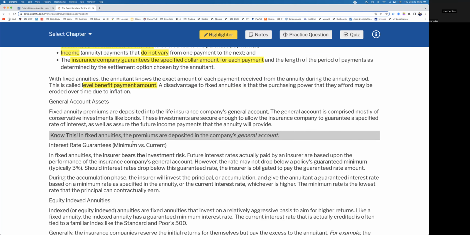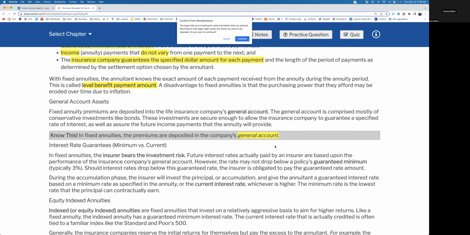Fixed annuities are deposited into a general account. This is really important. Let's say you're a client and you give me the money, and I'm the insurance company. I'm going to put that money in my general account, meaning my own account, because I guarantee the interest rate, so I'm not going to lose money.